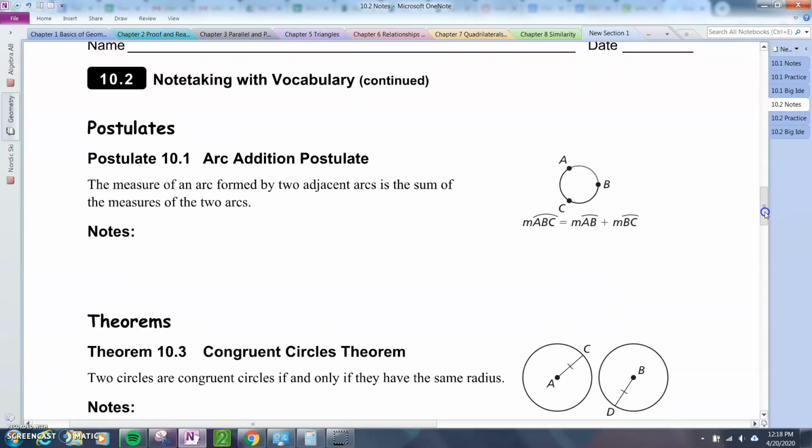All right, so let's get into some postulates here. Postulate 10.1, also called the arc addition postulate, states that the measure of an arc formed by two adjacent arcs is the sum of the measures of the two arcs. So we have this major arc here. I'm going to do it in green. It goes A, B, C. Make sure you go in the direction that the letters are written in. So A, B, C is that major arc.